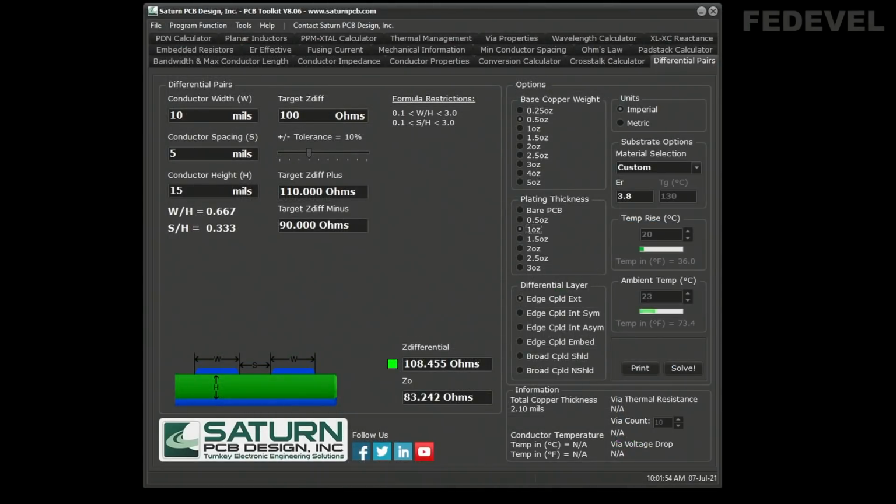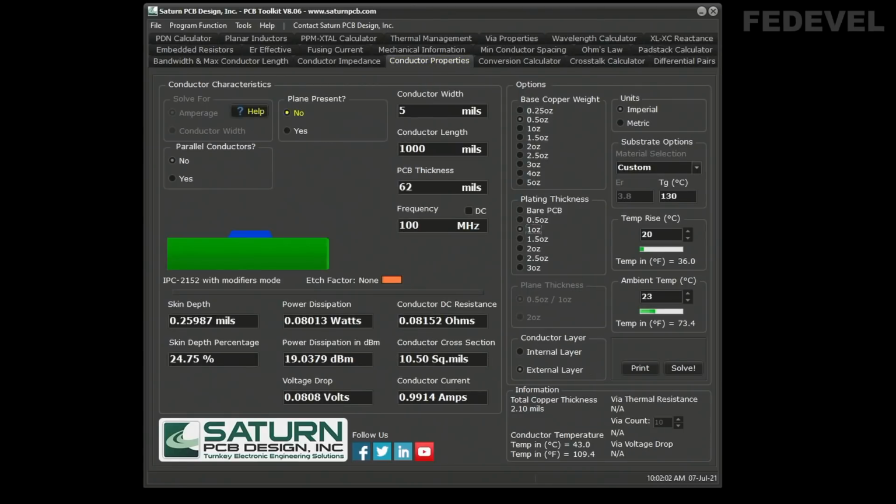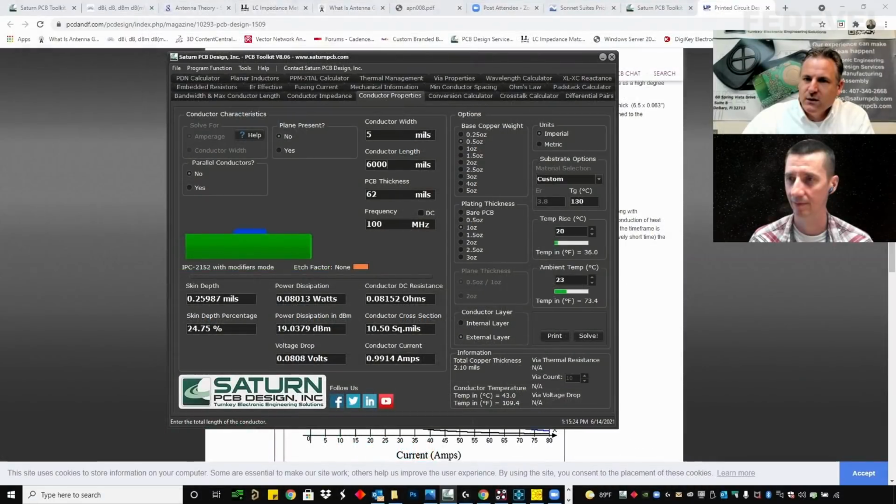You had asked me about, if I could go back to, where was it, conductor properties. If I set this down to 1, this is what I originally started up with. I got 127 ohms.